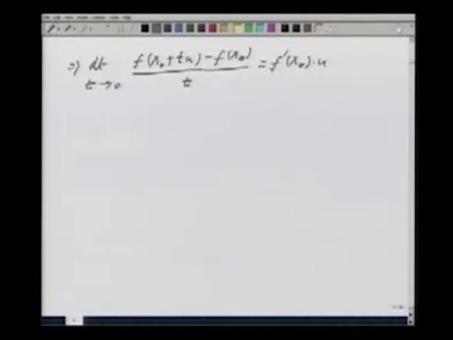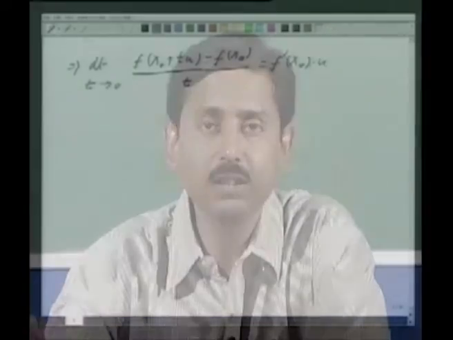This then implies that the limit, t going to 0, of f of x naught plus tu minus f of x naught, this whole thing divided by t, is equal to f prime at x naught dot u. So the limit exists and the limit is equal to f prime x naught dot u. So if the function is differentiable at x naught, then the directional derivatives exist in all possible directions. Not only that, it also tells me how to compute the directional derivatives.